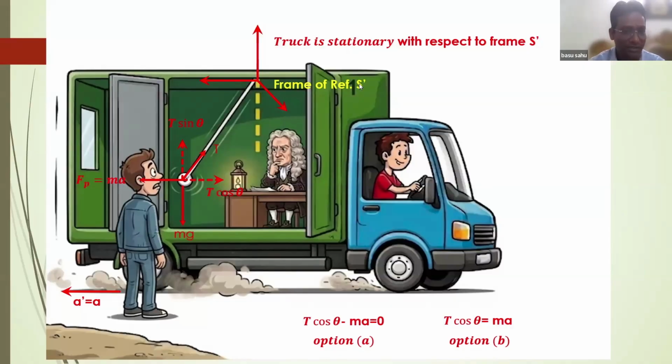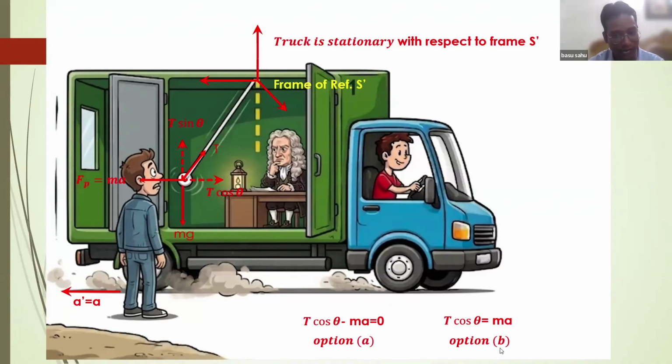Here, the acceleration observed in the S dash frame for the bob, A dash, is equal to 0. The real force is T cos theta, that is the external force. The pseudo force is MA. Both are acting in opposite directions, that's why we have put a minus sign. The acceleration in S dash is 0, that's why we have put 0. So option A is correct.